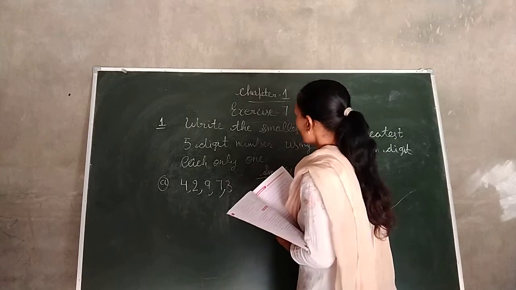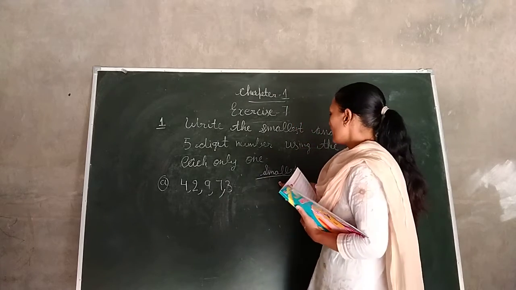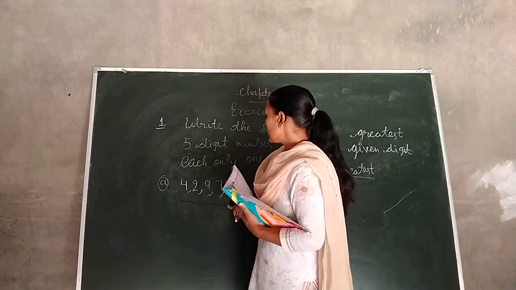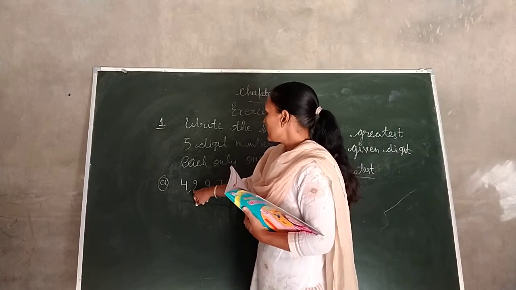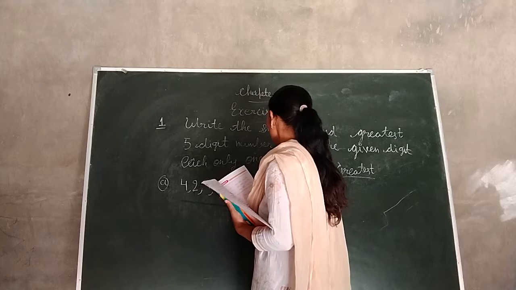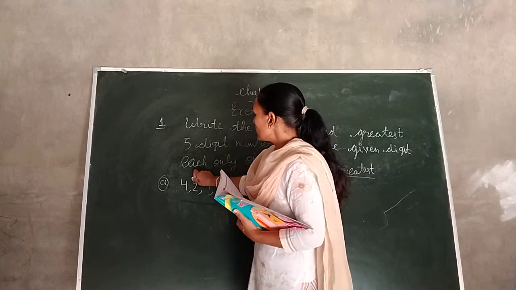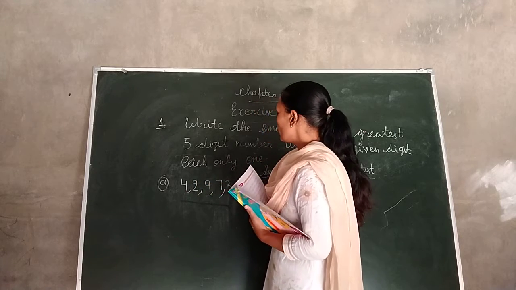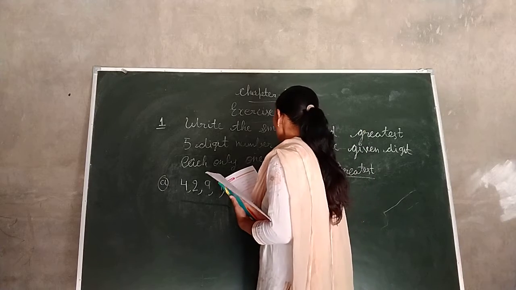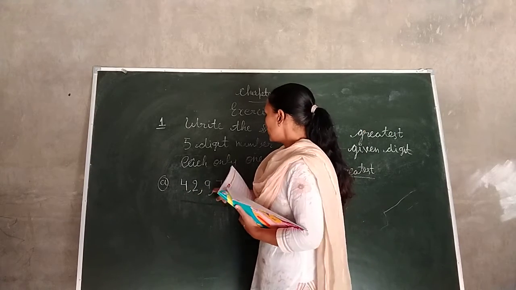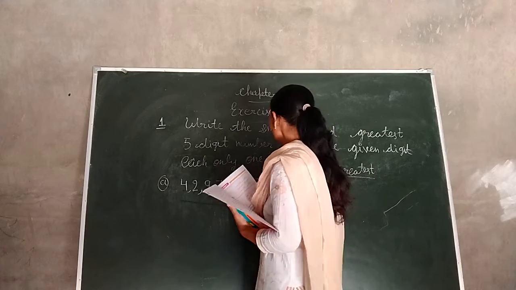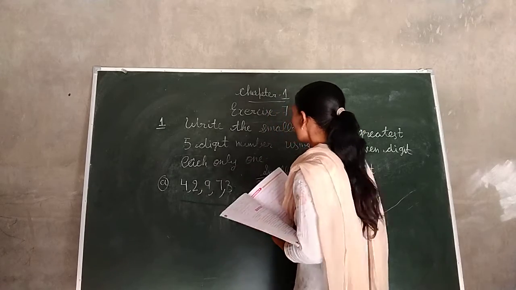So first, when we have to make the smallest number, then we will arrange these digits in ascending order. Which is the smallest? 2. Then after that, which is the smallest among these 4 digits? 3. Next 4. Next 7. Next 9. So this is the smallest number.